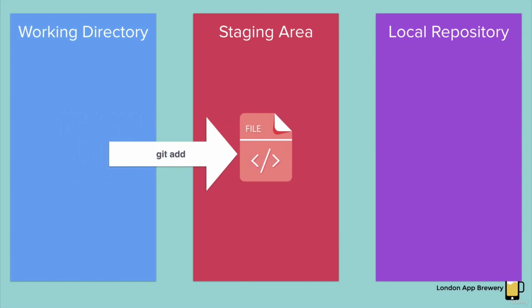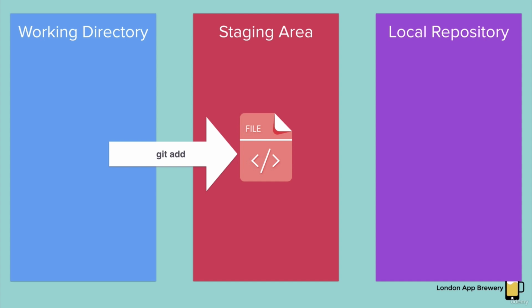Now, you might wonder, why not just go from the working directory straight to the repository? Why do we need this extra step? Well, sometimes you might not want to add all of your files to be tracked or all of your files to be committed. So the staging area is a good place to figure out what are the things that you want Git to ignore and what are the things that you want to be tracked.